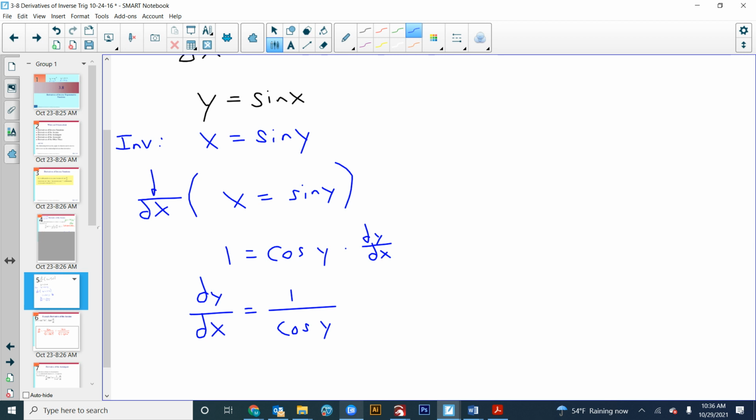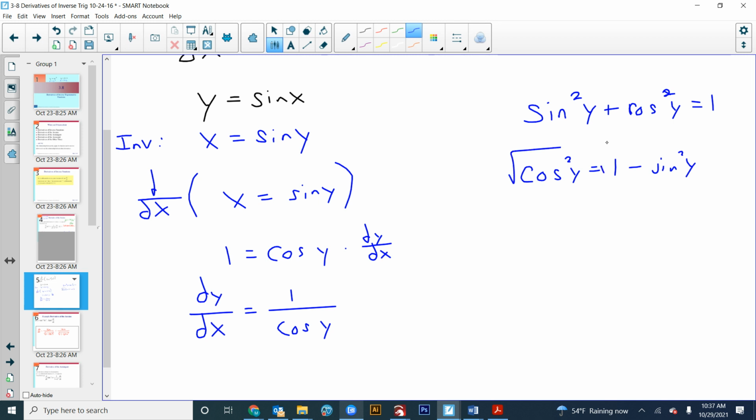But wait, there's more. I know an identity. Sine squared y plus cosine squared y equals 1. Yes? If I want to substitute, I want to solve for cosine y. Cosine squared y equals 1 minus sine squared y.